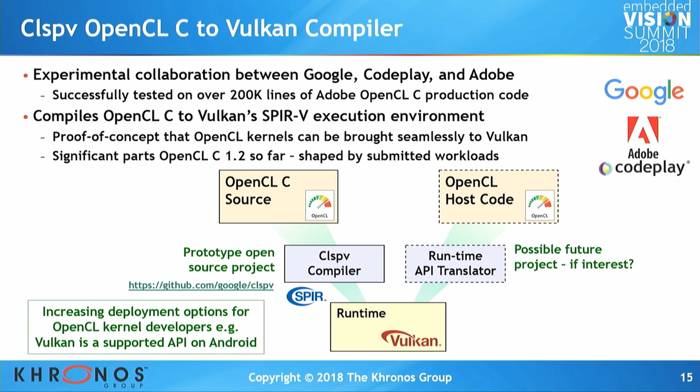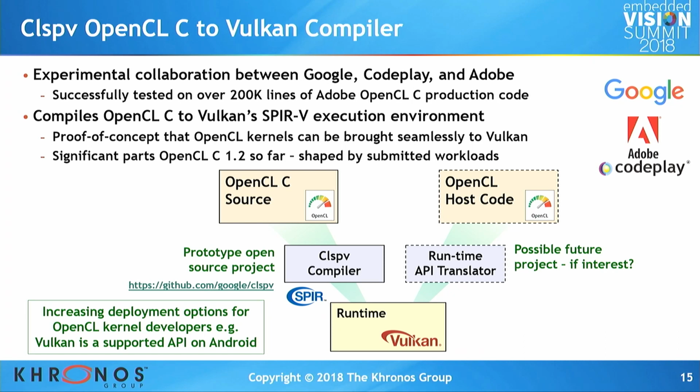But many people want to use the additional expressive power of OpenCL-C, or C++. You can express more than you can in the kind of the graphics shading languages. And of course, many people have invested a lot in OpenCL. It's great to give those people more deployment choices. So this open source project, CLSPV, you can go check it out.